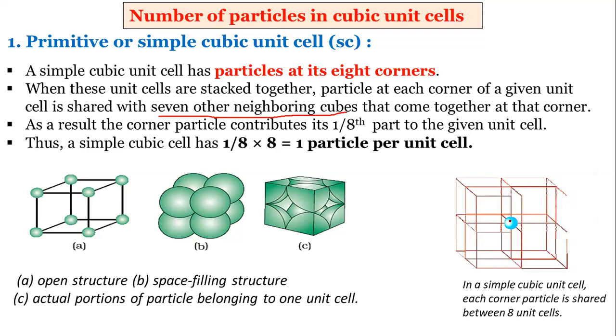We can see here, if you consider this corner, this particle is shared with another 7 cubes: 1, 2, 3, 4, 5, 6, 7. By this diagram, we can understand that one particle is shared between 8 different cubes.